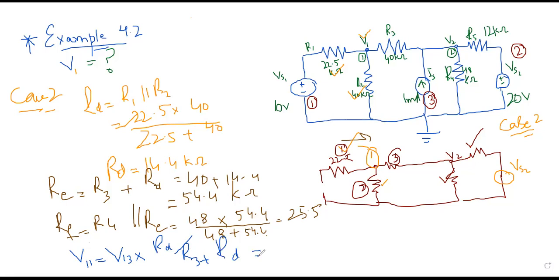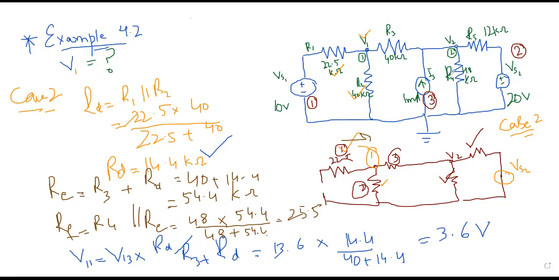So this will be equal to 13.6 multiplied by the value of RD, 14.4, whole divided by, what is the value of R3? R3 value is 40 plus 14.4. So the value will be equal to 3.6 V. So after this there is case number 1, case number 2.